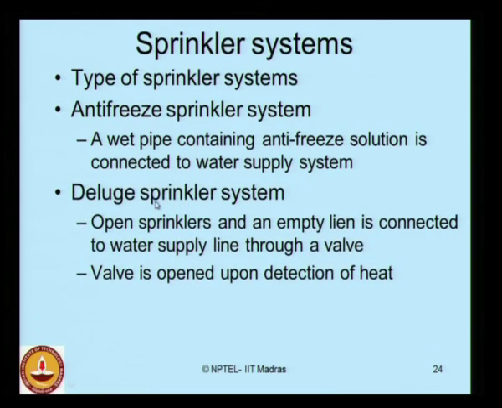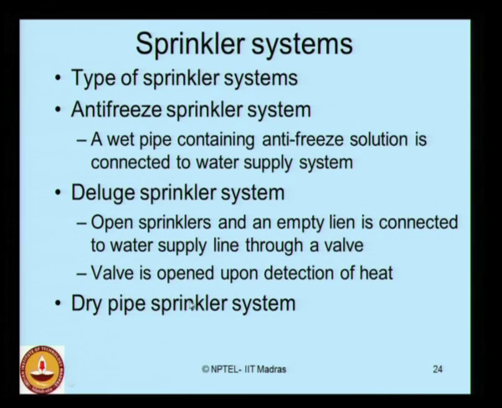In the deluge sprinkler system, the open sprinklers and an empty line are connected to the water supply line through a valve. This valve is opened when heat is detected by sensors.